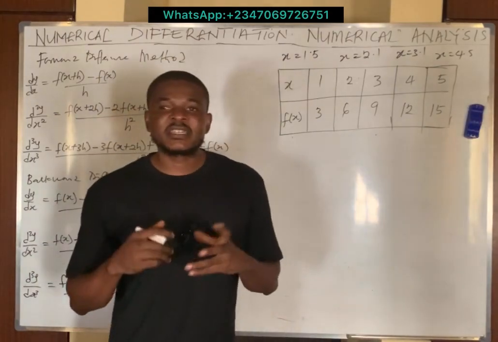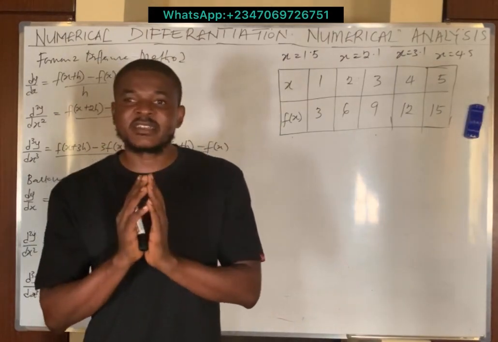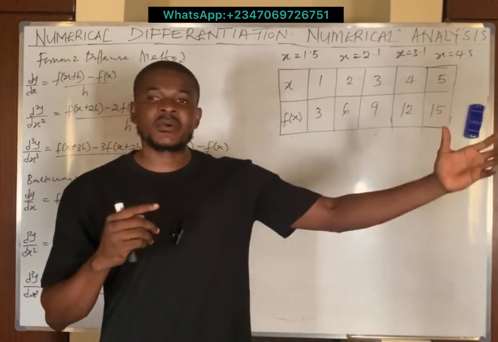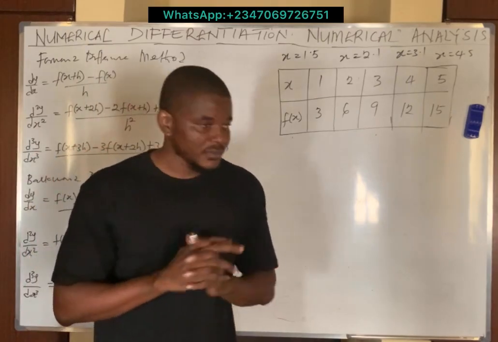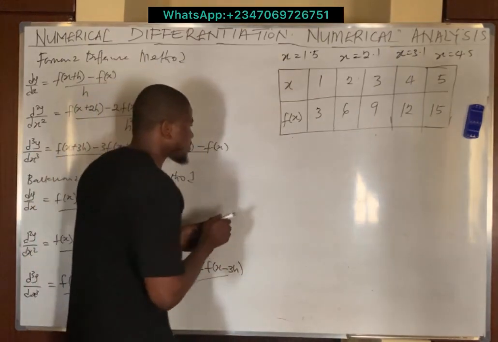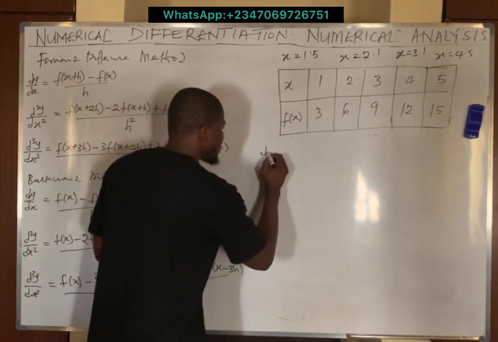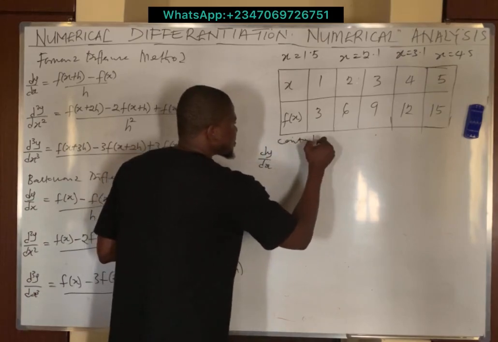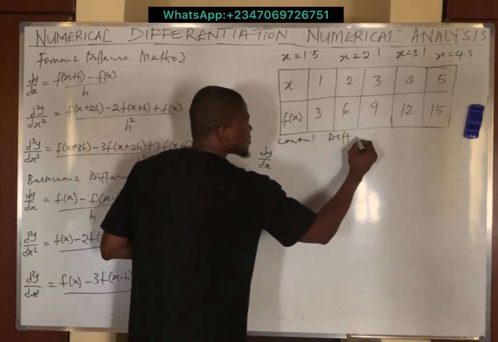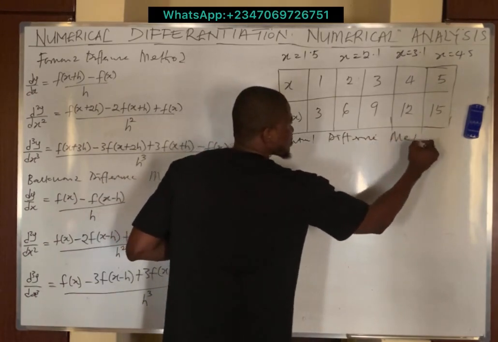Now, for the central difference, since it lies at the center, it means it pulls value from the forward table and it pulls value from the backward table to make up its derivative. Now, the first derivative approximation is going to be dy all over dx. This is now for the central difference method.